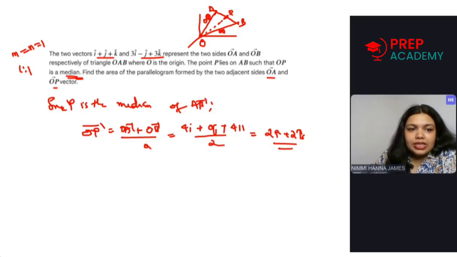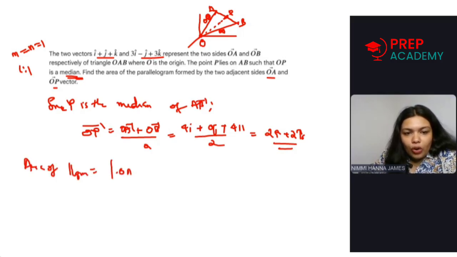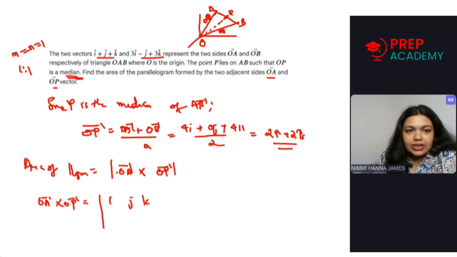Now we want to find the area. It is now simple using the area of parallelogram. Area of parallelogram is equal to modulus of OA vector cross OP vector. So OA vector cross OP vector is equal to the determinant of i, j, k; OA vector, it is 1 1 1; and OP vector, it is 2 0 2.